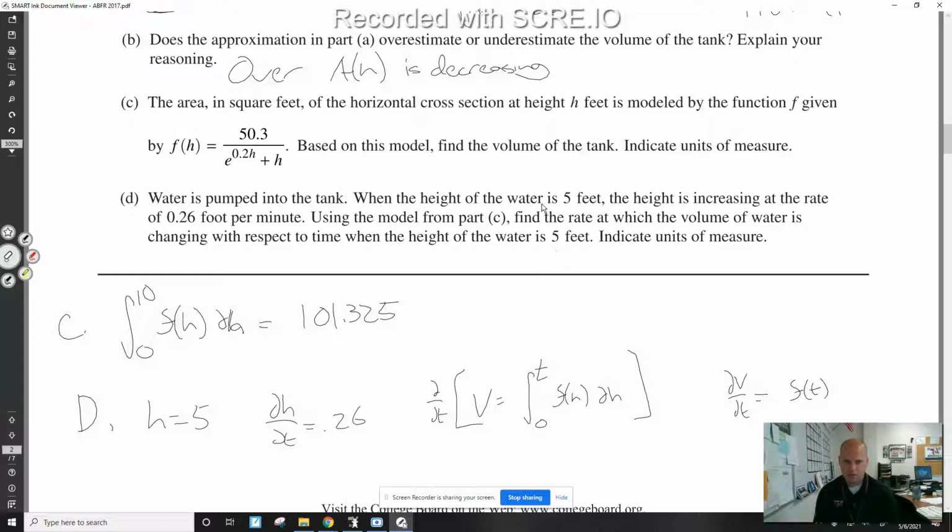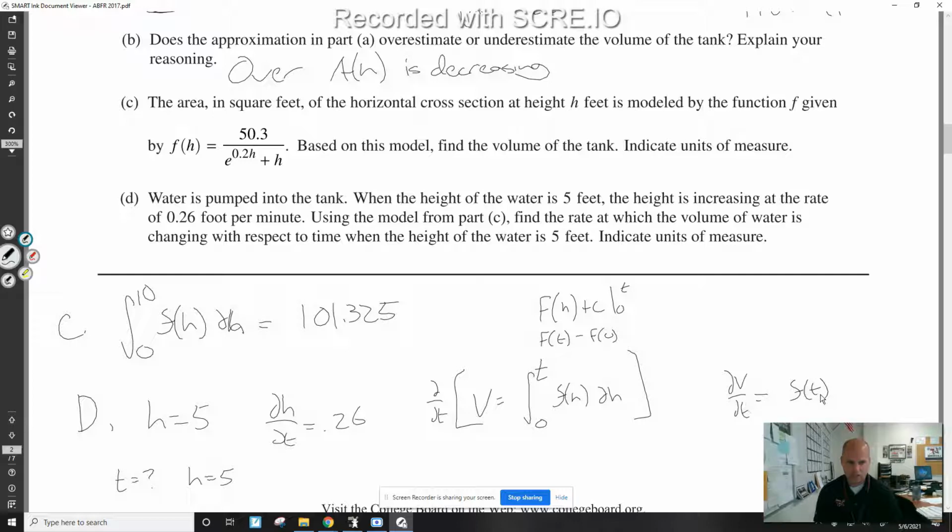We need to figure out what t is when h is 5. Listen, I'm going to assume I don't have a dh/dt, because if I evaluate it, I take the antiderivative, which is big F of h. I plug in 0 and t. I get big F of t minus big F of 0.